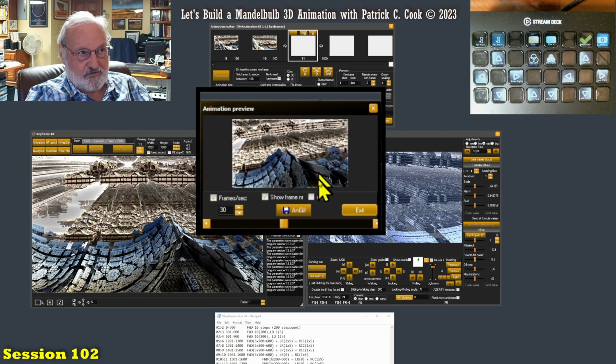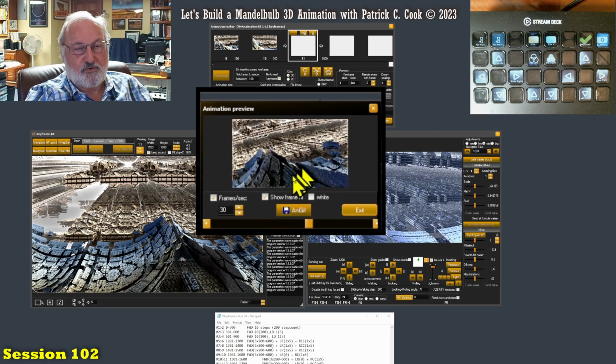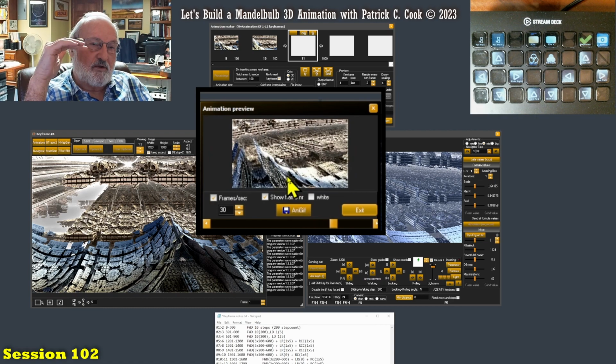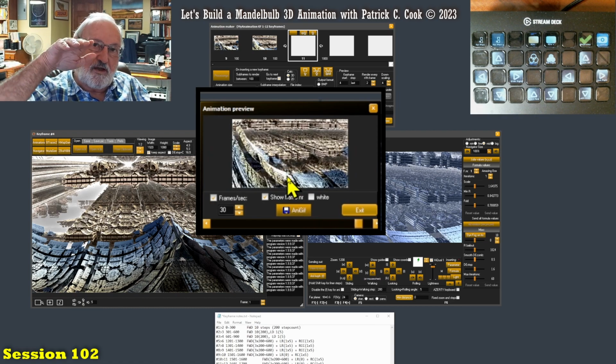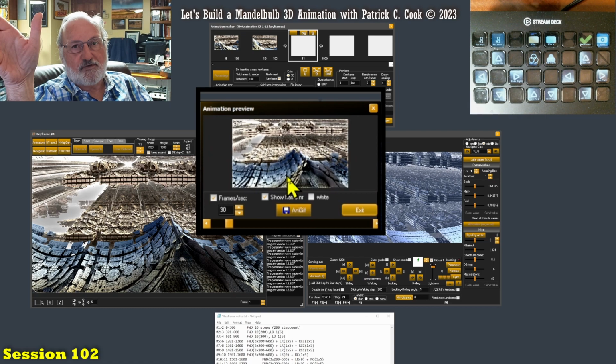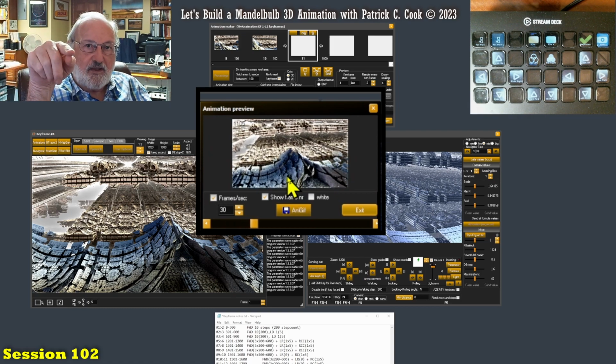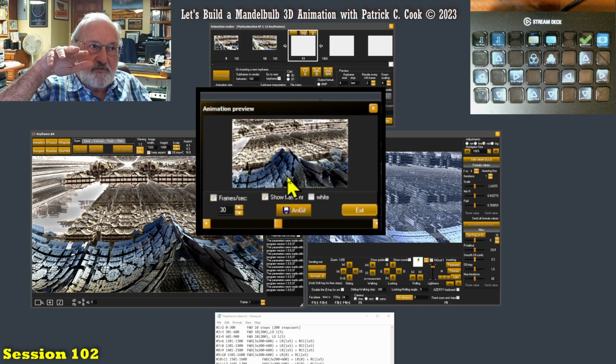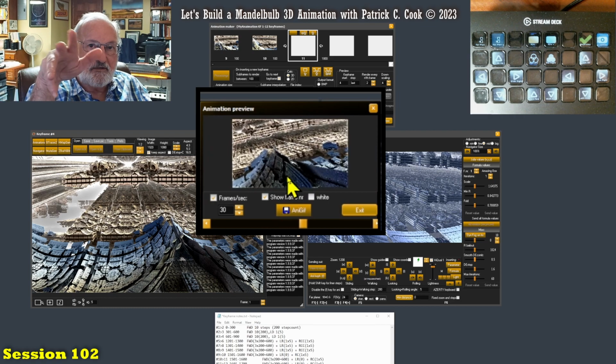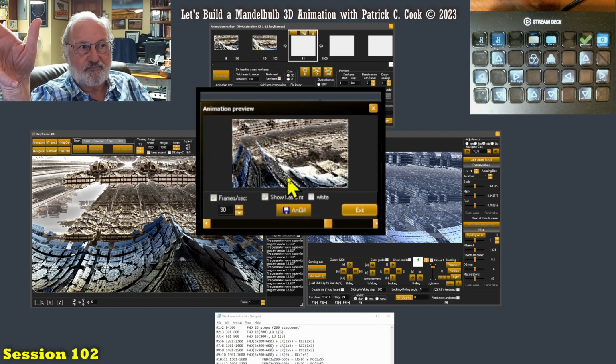Let's see it. Well, see, I'm doing a bank turn already. What I would have preferred is to fly straight and then go into the bank. But what I have is I have the bank turn beginning sooner than I wanted.